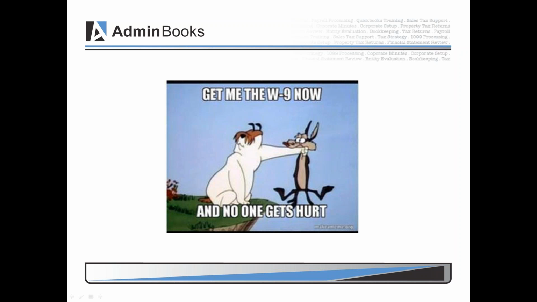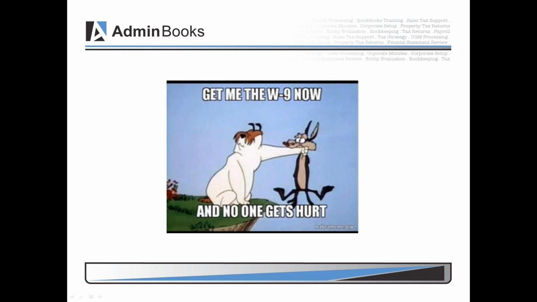Something else that I learned most recently is a lot of 1099 services are now giving you the options to email your 1099s to your client before an actual mailed 1099 goes out, but you have to have the vendor's permission to send that information by email.